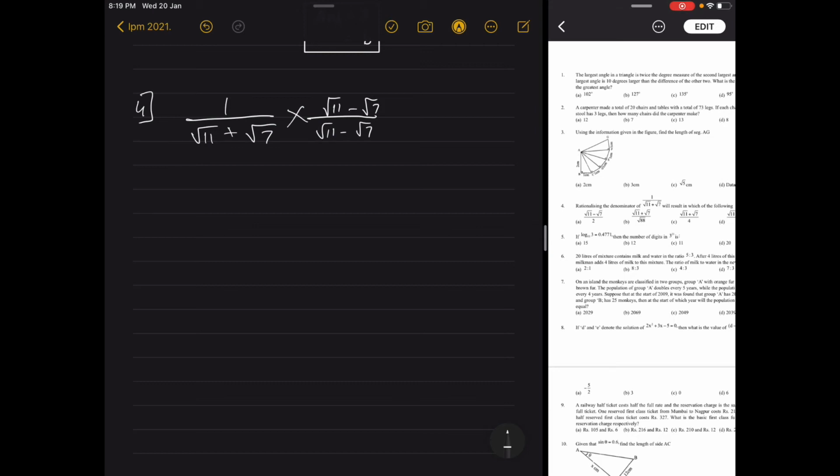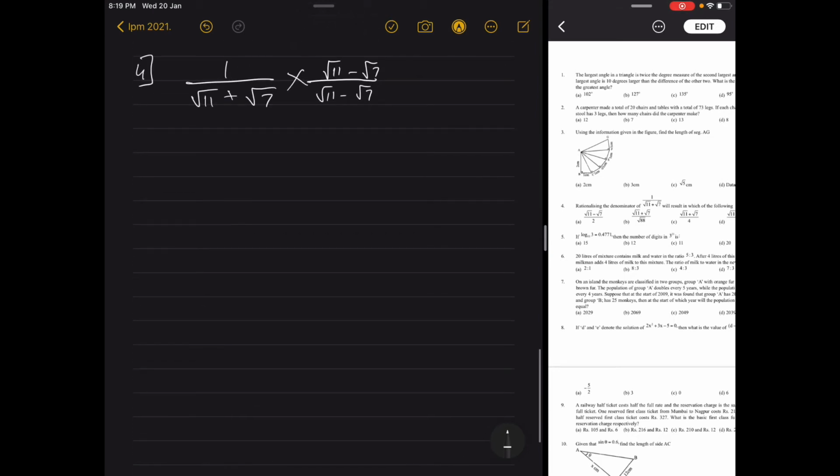So now let's do it. When we multiply 1 by this thing, we will get root 11 minus root 7 upon multiplying this with this. We know the identity, a plus b into a minus b is equal to a square minus b square. We'll apply it here as well.